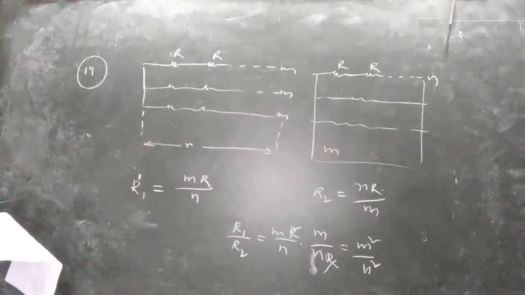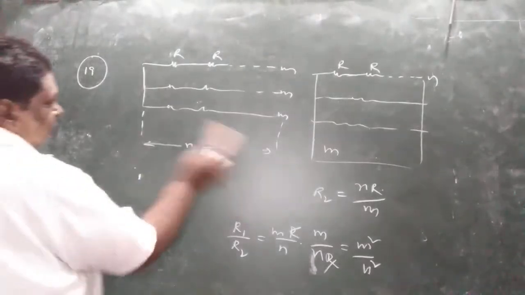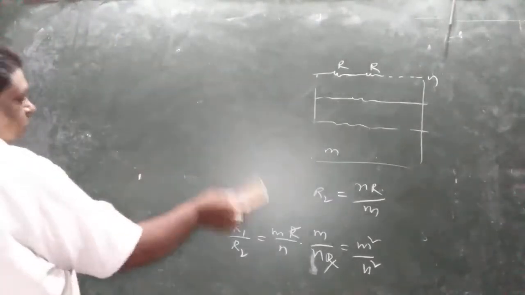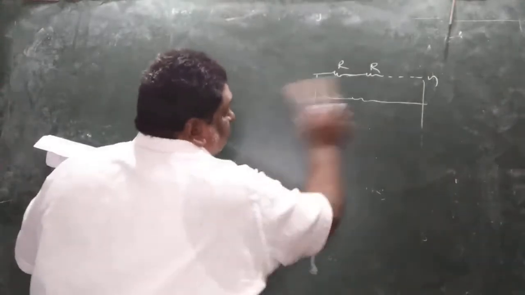Next, the 20th question. See, one time. Masses of 3 wires of the same metal are in the ratio 1:2:3. Their lengths are in the ratio 3:2:1.